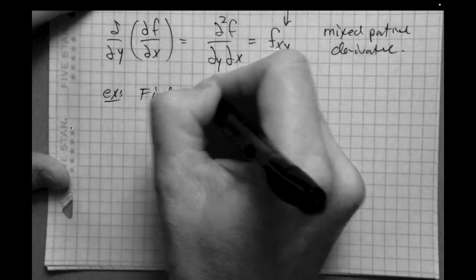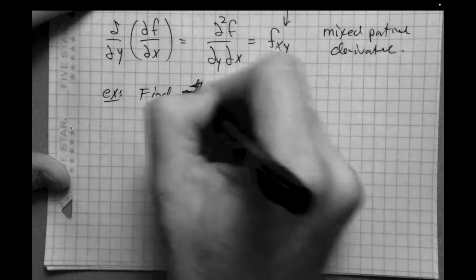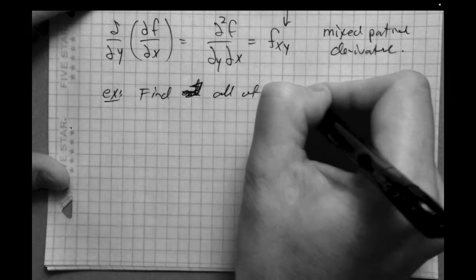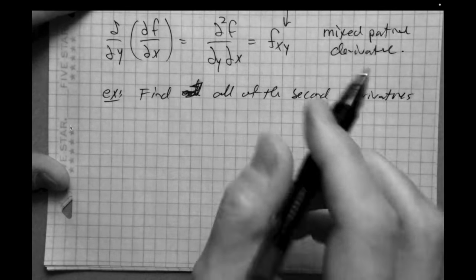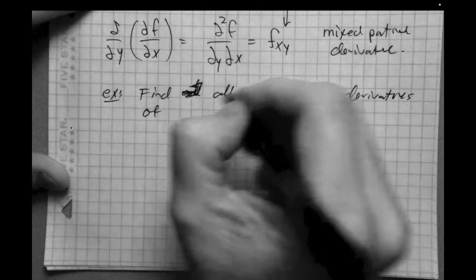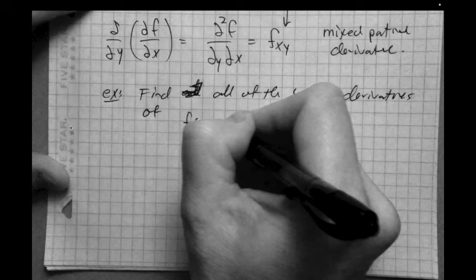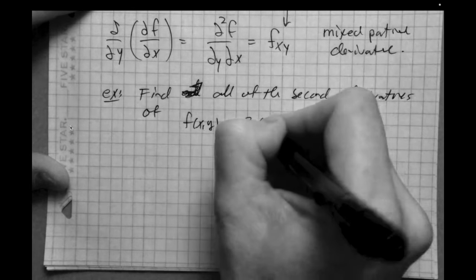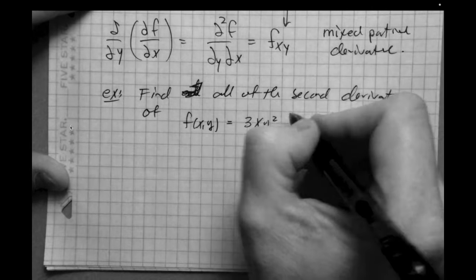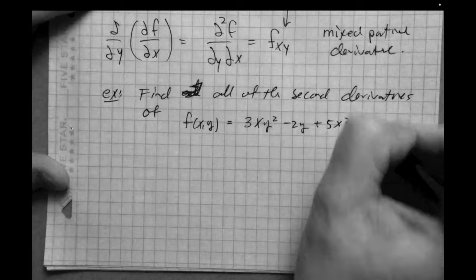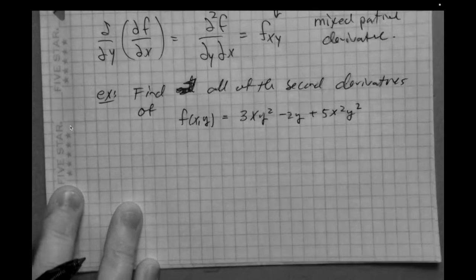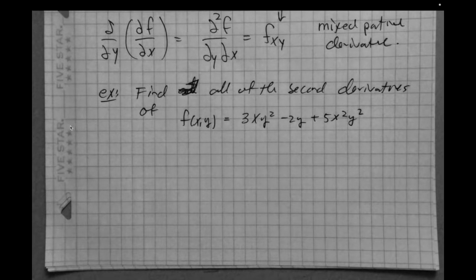Find all of the second derivatives of f of xy equals 3xy squared minus 2y plus 5x squared y squared. So you've got this function, and we want to find all the second derivatives of this guy.